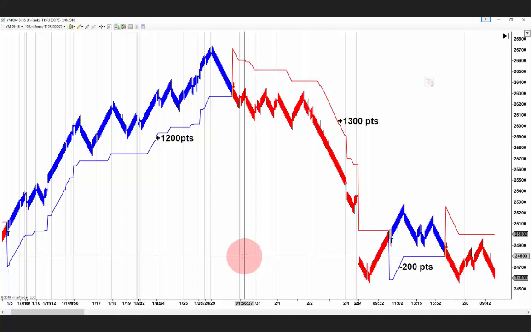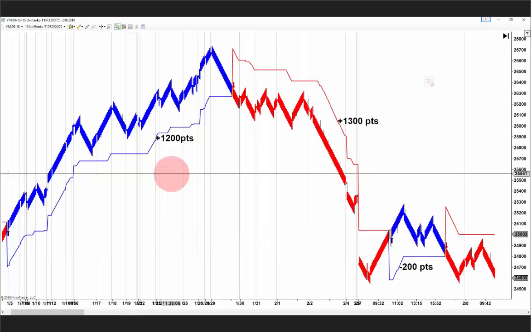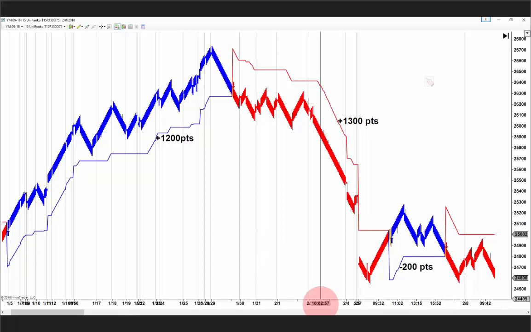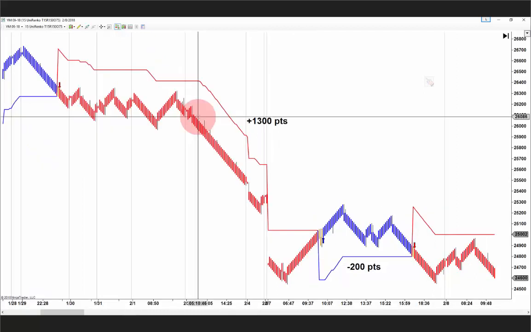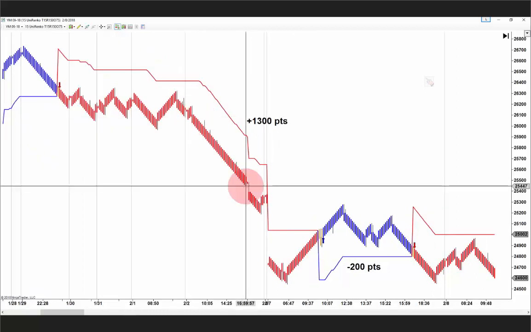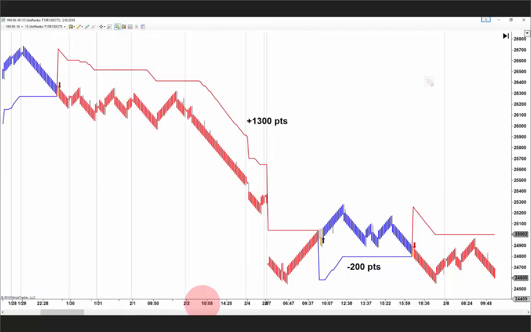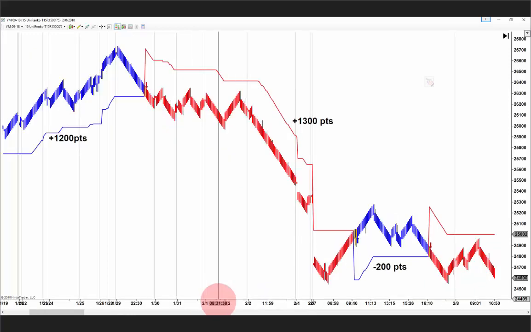You're looking at a little over a month's worth of data on the chart. Each one of these condensed bars is 75 ticks, so this is a 300 or 400 tick run or something, so this is basically swing trading.